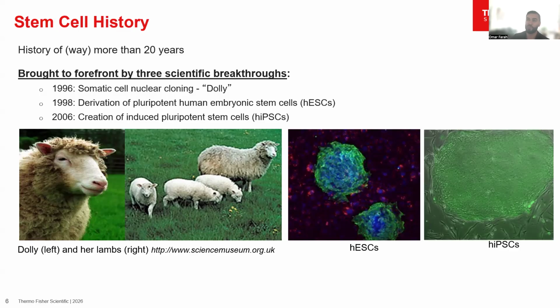And when Dolly was born, it resembled the features or the hair coat of the original donor of the nucleus and not necessarily of the surrogate, right? So what this told researchers back in 1996 is that the cells are not as static as we thought they are, right?